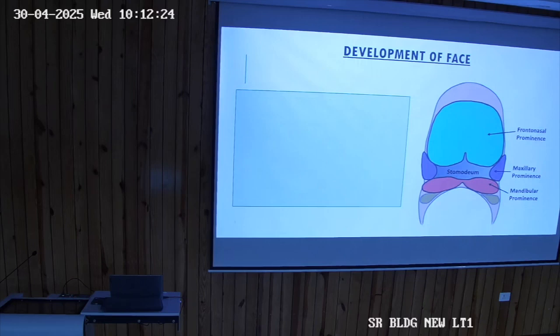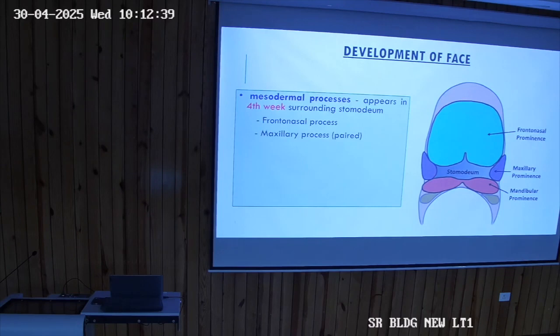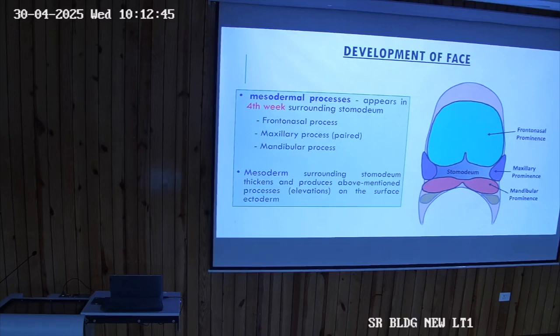So our maxillary is paired one, frontonasal and mandibular process are unpaired. So these mesodermal processes appear in the 4th week of intrauterine life: frontonasal process, paired maxillary process and mandibular process. So mesoderm surrounding stomodeum thickens and produces these mentioned swellings.